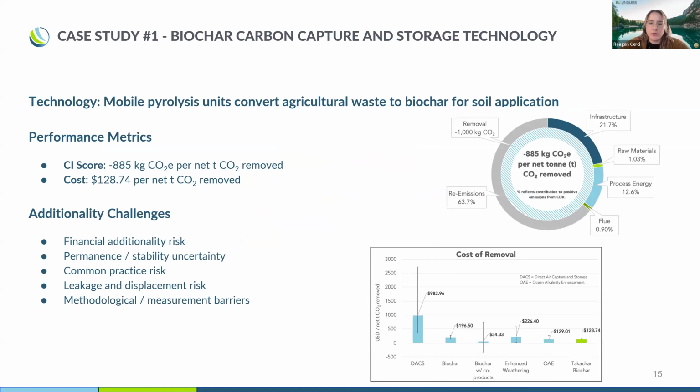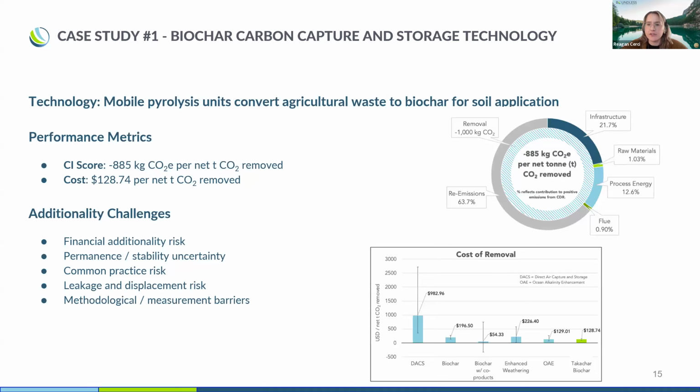So I'm going to walk through some case studies here. This first one that we're looking at is a biochar company. They're doing a carbon capture and storage technology through this mobile pyrolysis unit, and they're converting what was agricultural waste to a biochar for soil application.